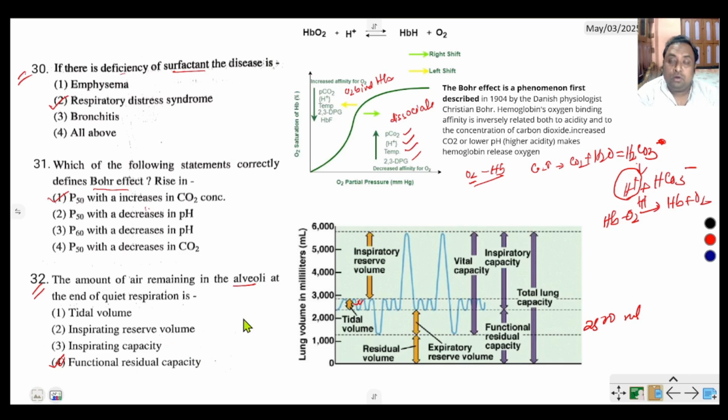Reserve volume is the amount of air that can be forcefully breathed out. Tidal volume is the normal amount we breathe in and out each time, 500 ml. So the correct option of this question is functional residual capacity.